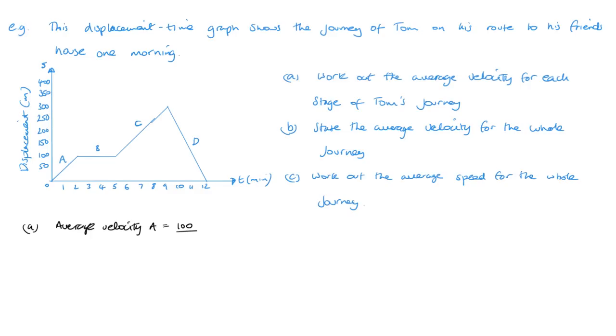So 100 meters and 120 seconds, and that gives me 0.83 meters per second. Now, the average velocity for B will be 0 over 1 to 3 minutes, so over 180 seconds, but that's 0 meters per second. We know he's not going anywhere.